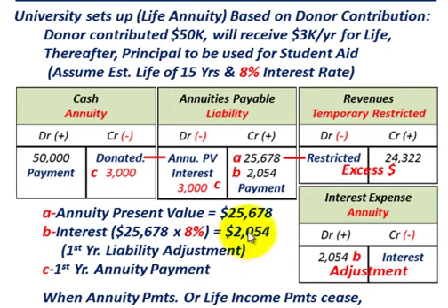That's going to give us $2,054 in interest that we have to adjust our annuities payable by. So credit our annuities payable, or increase it, by that interest amount, and the debit is going to go against interest expense for the annuity. Debit that for $2,054.